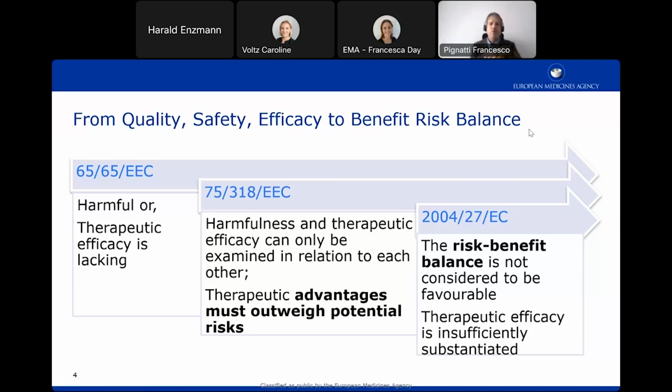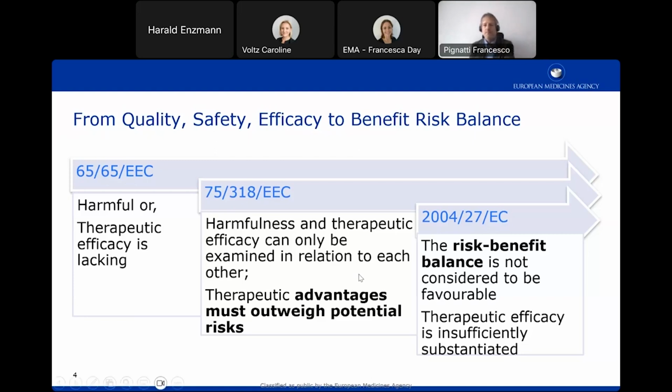But still, the requirement itself that an application for marketing authorization will be rejected unless the company can demonstrate a positive benefit risk only came about 20 years ago, in 2004, where positive benefit risk balance becomes a requirement for any drug authorized in the EU.